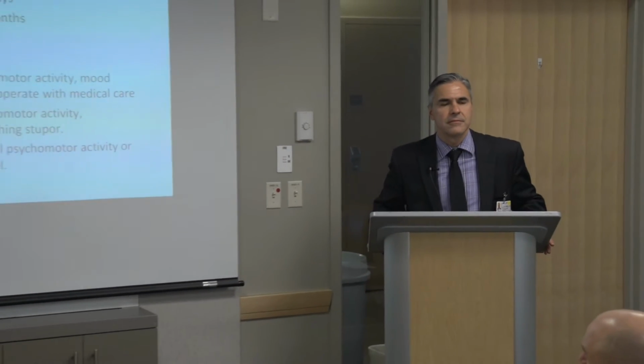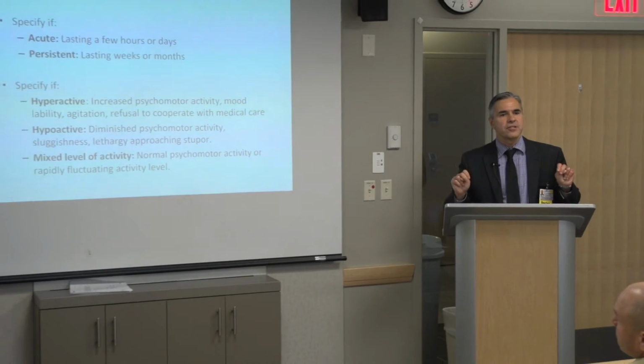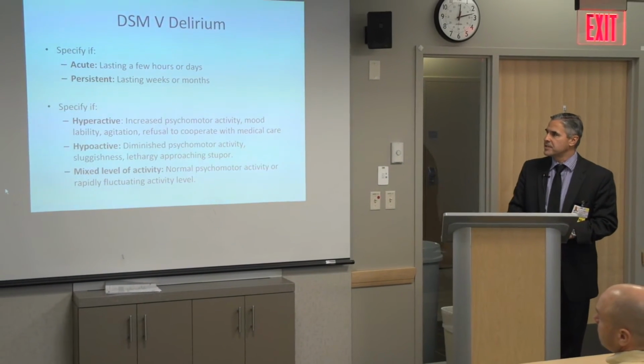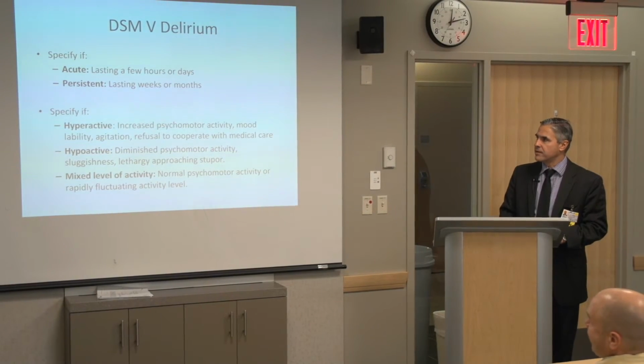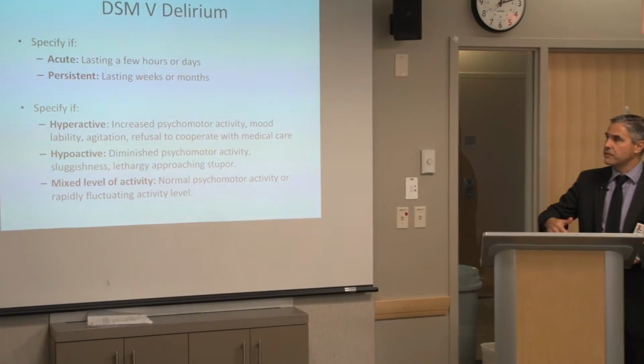Is there an NOS? There is. It's called unspecified. I think they actually got rid of... DSM-5 has done away with NOS. It's either other specified or unspecified. Yeah, exactly. They don't have that NOS terminology. So in this case, you also add these specifiers. 1, if it's acute. 2, if it's persistent.